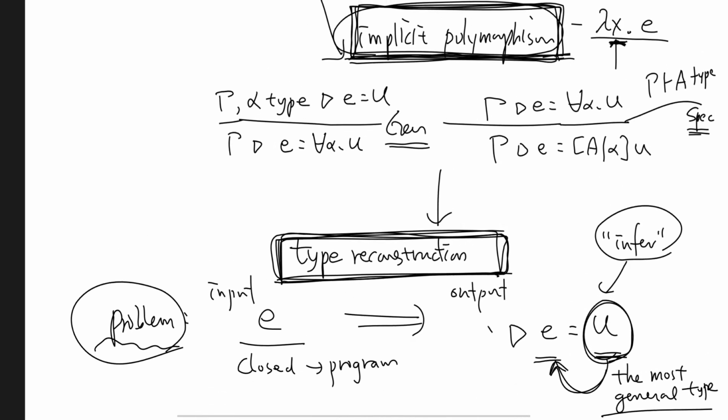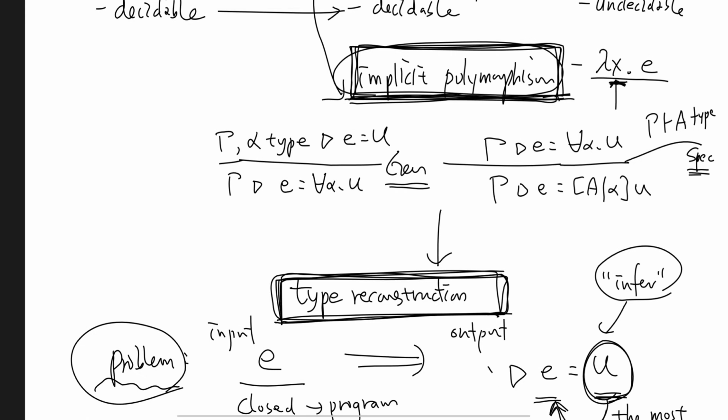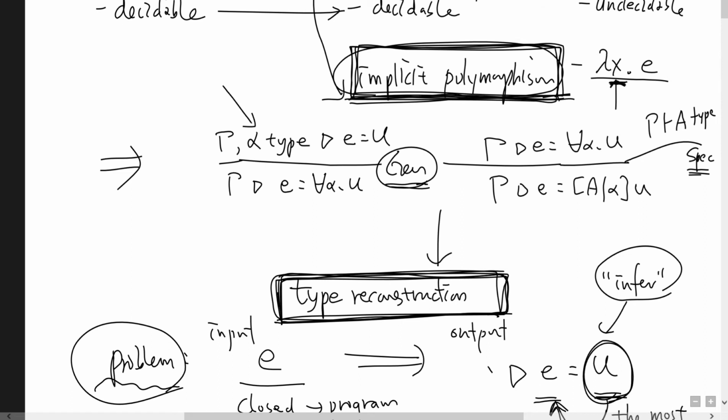So now we are almost ready to develop the type reconstruction algorithm, but we can make another small change to these two typing rules, because when we actually develop this type reconstruction algorithm, we will have to introduce lots of type variables. For example, whenever we apply this generalization rule, we will have to introduce this type variable.